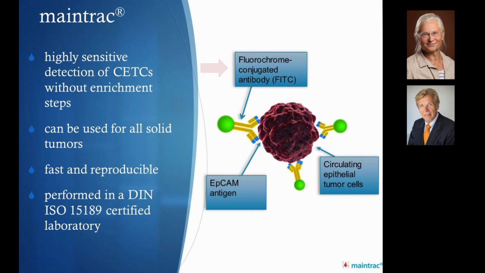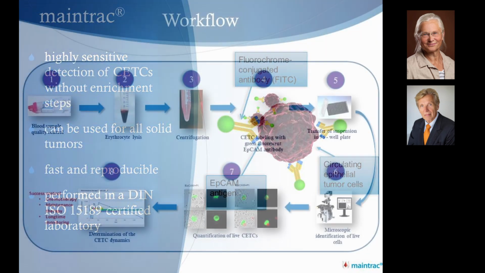The antibody is fluorochrome conjugated, and that way we can detect the circulating epithelial tumor cells. It's highly sensitive without any enrichment steps. It can be used for all solid tumors. It's fast and reproducible, and it's performed in a DIN ISO certified laboratory.